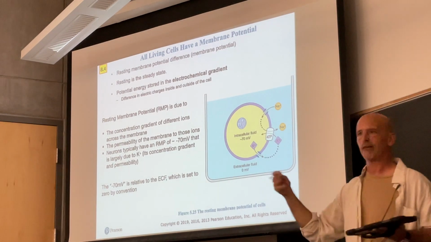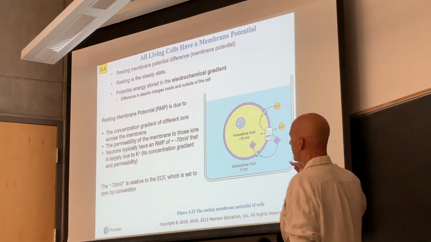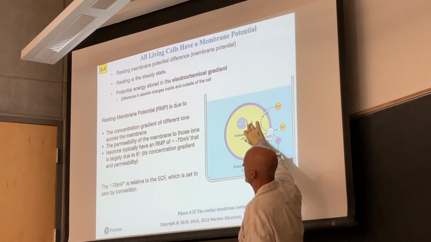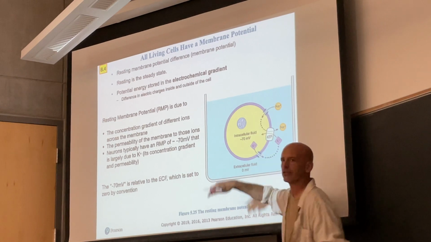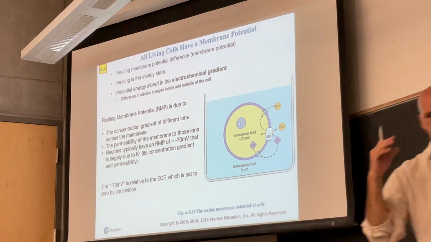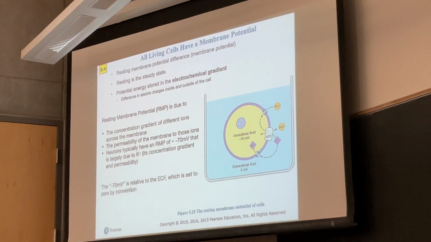There are equations I'm not asking you to learn. These are the general principles: concentration gradient and permeability, that's what makes the resting membrane potential. Potassium channels are much more numerous than sodium channels.